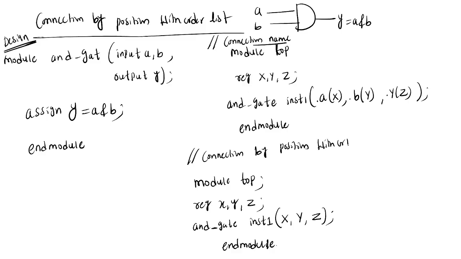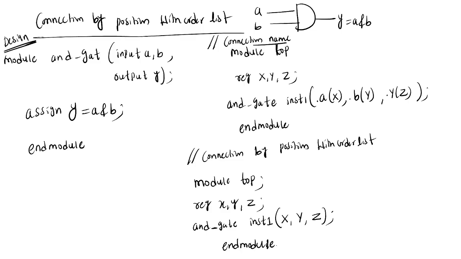Did you understand how to instantiate the design with order list? One doubt actually: if you're declaring the variables inside the module, then we can't use this connection by position. Inside the module, where are you asking?